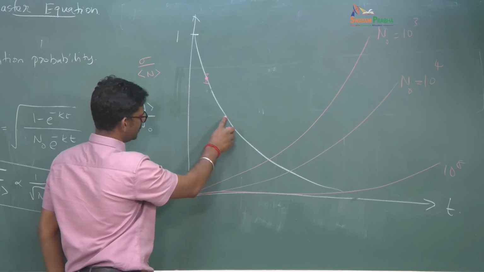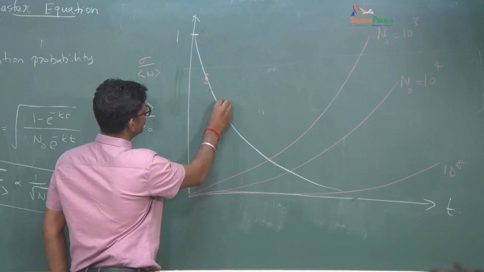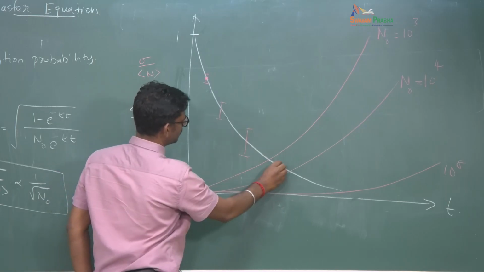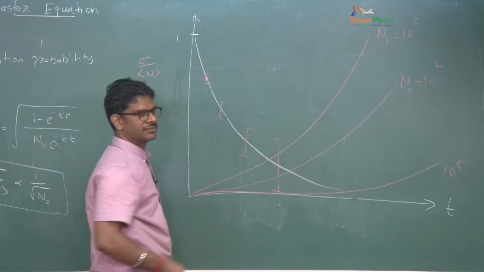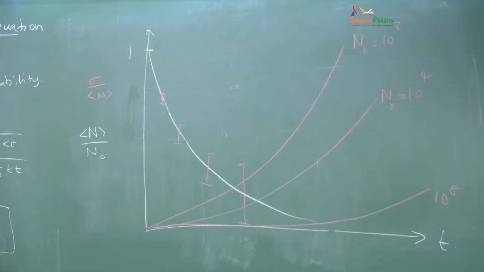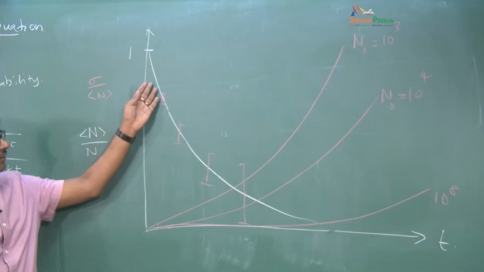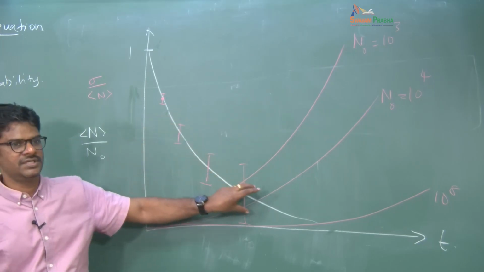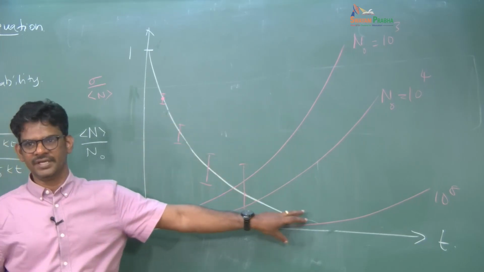When I go here, the error bar has increased. When I go here, it increases even beyond, and so on. This is because as the number of molecules decays, the coefficient of variation increases. That means the error bar, the standard deviation that we see here, will increase.